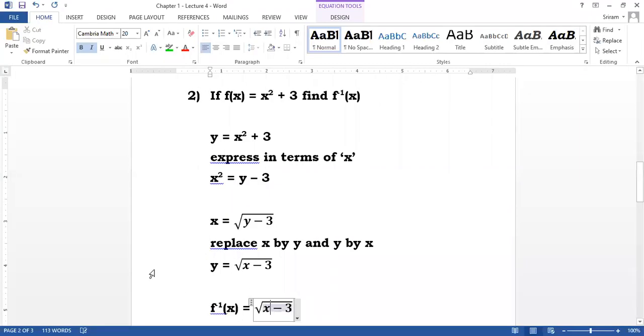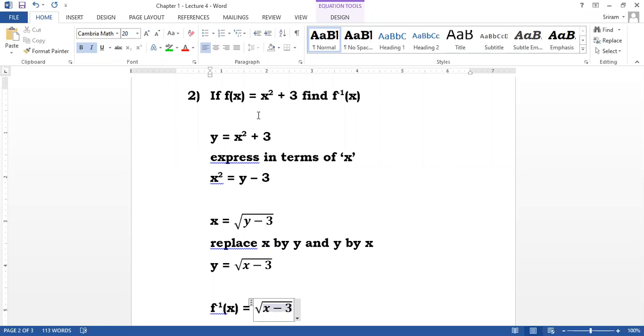So again I am repeating, I have f of x is equal to x squared plus 3. I am going to find f inverse of x. First I assume f of x as y, so y is equal to x squared plus 3. Now I have to express this in terms of x.